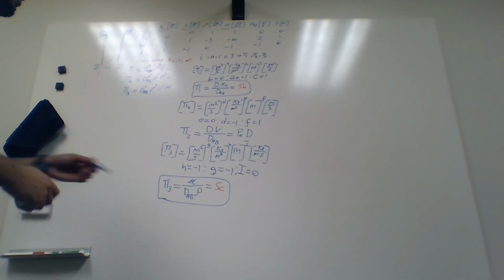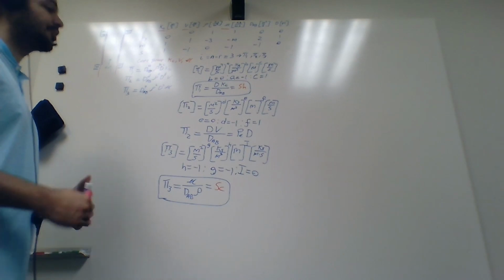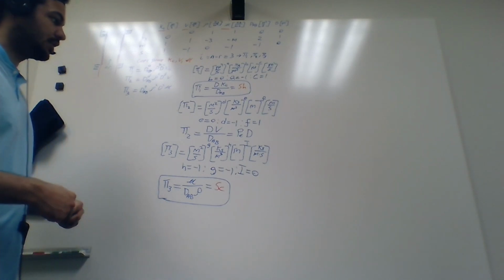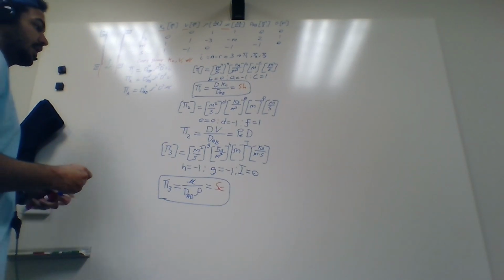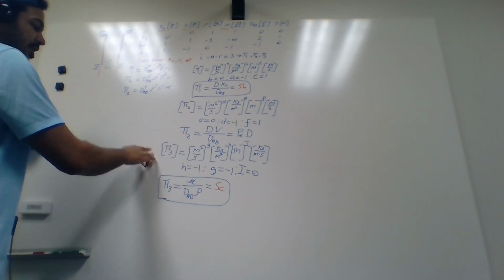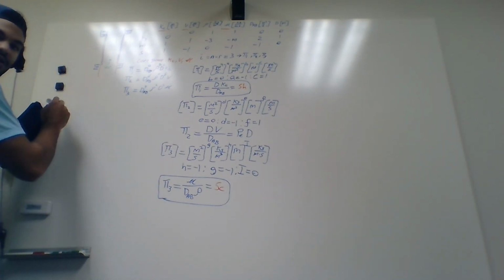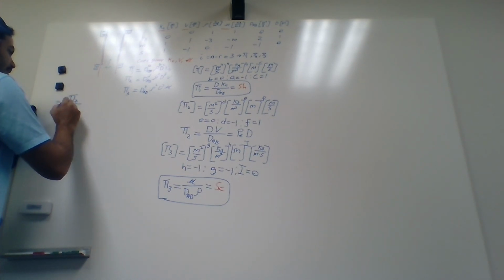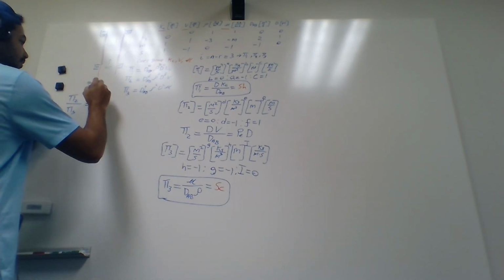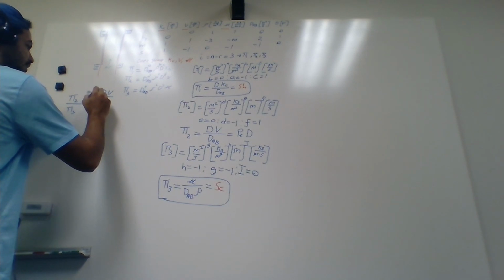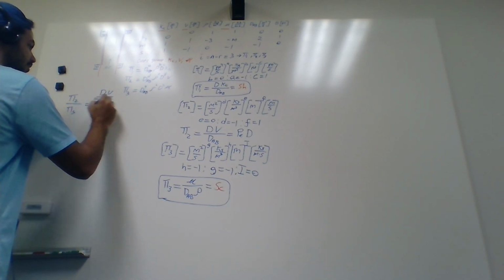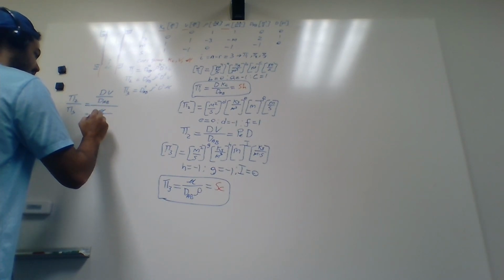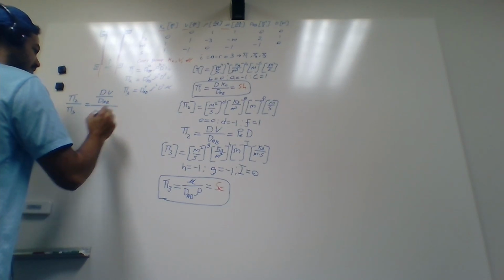So now we have the Sherwood, the Schmidt. In order to get the Gilliland and Sherwood correlation, we also need the Reynolds number. Now the Reynolds number can be determined by dividing pi 2 by pi 3. So if we write pi 2 divided by pi 3, pi 2 is equal to the diameter times the velocity over the diffusivity of A to B, divided by pi 3, which is the viscosity over the diffusivity A to B times the density.